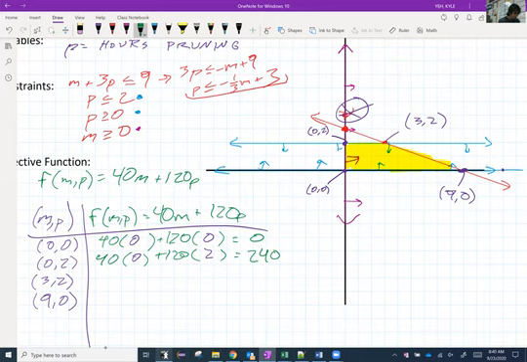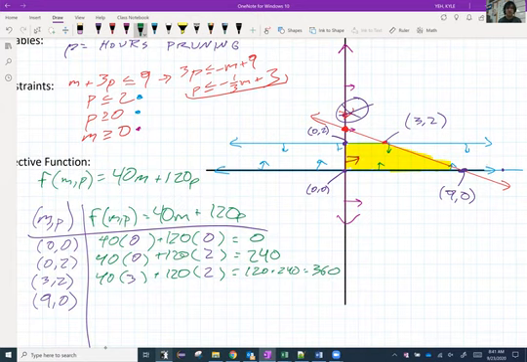Let's see if we can top it. 40 times our M coordinate plus 120 times our Y coordinate, and we're plugging in 3 and 2. So 3 times 40 is 120, plus 240. That one gets us $360 for that kind of job configuration.